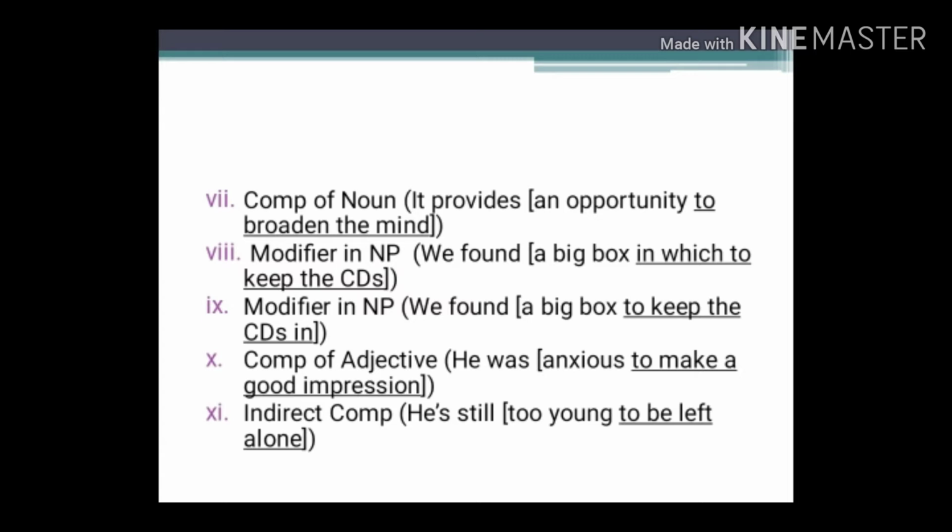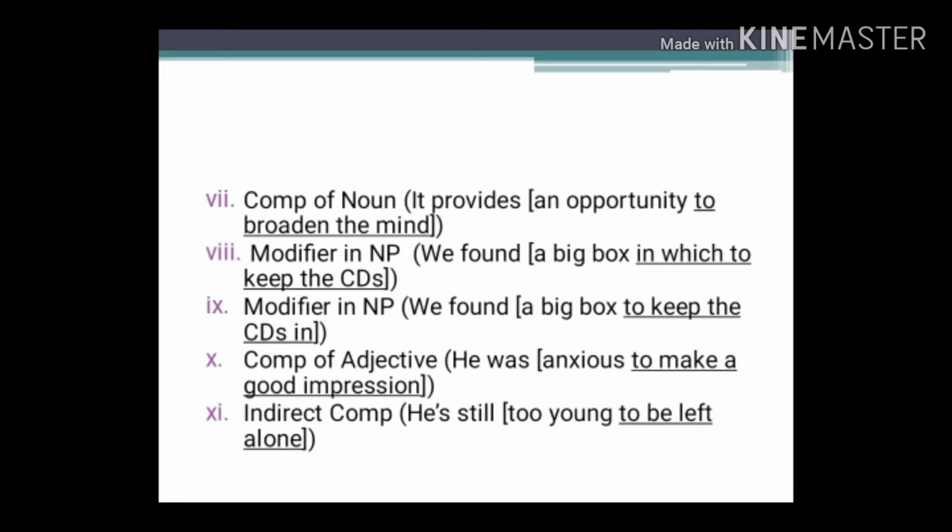The first example has which, but the second example has none. But both of them refer to big box, the noun phrase. So the to-infinitive here is a modifier in the noun phrase big box.